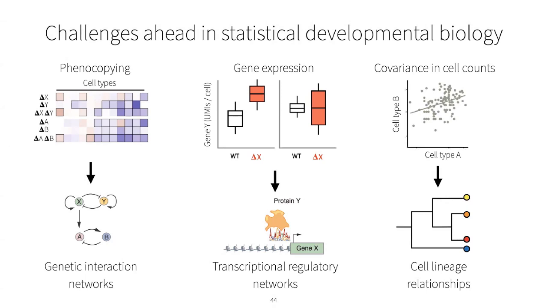And I did tell you that there's a strong covariance structure and that you can mess with it in these data with genetic experiments. I think that this could be a rich source of information for understanding the lineal relationships between the various types of cells in the embryo. So these are cool problems in what I think of as statistical developmental biology, and we're going to be working on them in my lab over the next, I don't know, while. It's going to take us a while.